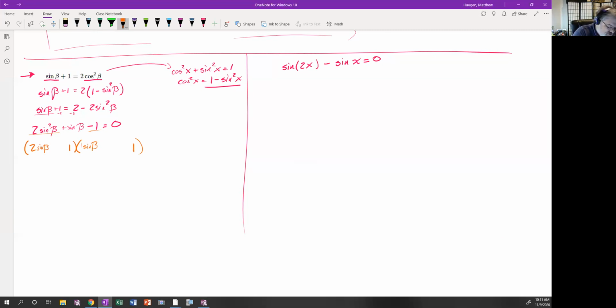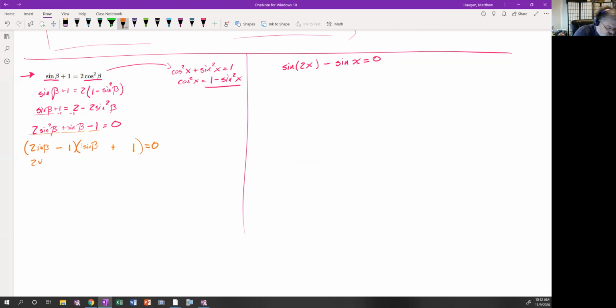And they have to add together to make a positive sign. So I'm going to want a +2 and a -1. That's going to get us a +2 sine beta -1 sine beta for that plus sine beta, or whatever factoring logic you like, equals 0.